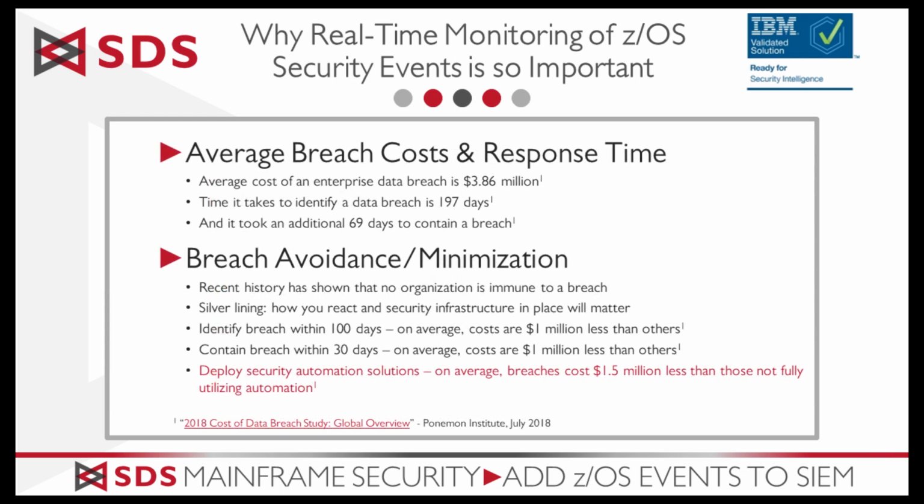So for those on the call from the InfoSec team, you've seen these stats dozens of times, and I don't mean to exclude the mainframe folks, because you've probably seen them as well. But the scary part is that the costs and the days to identify a breach do not seem to be going down. It highlights the creativity and the perseverance of hackers who are constantly looking for new ways to get in the door.